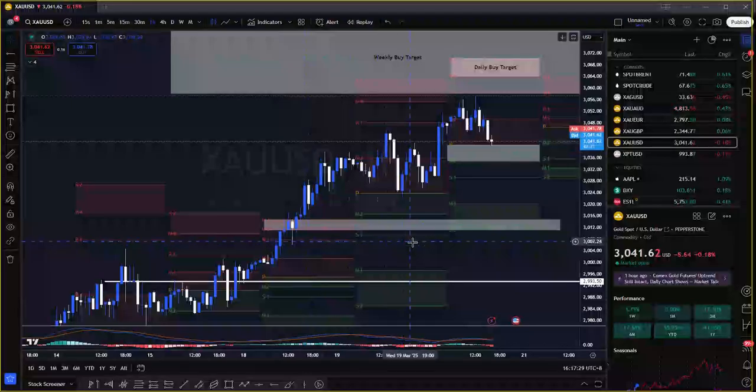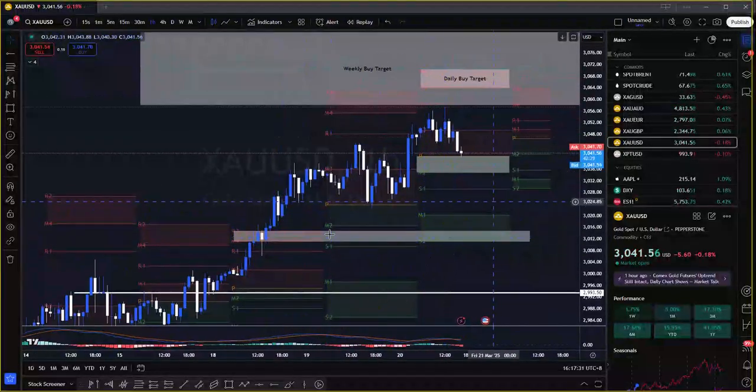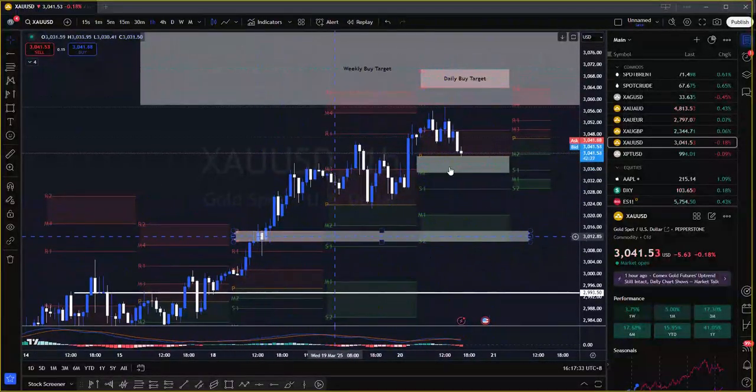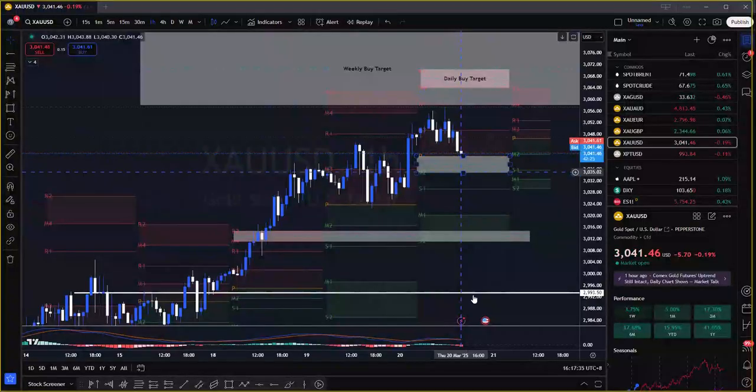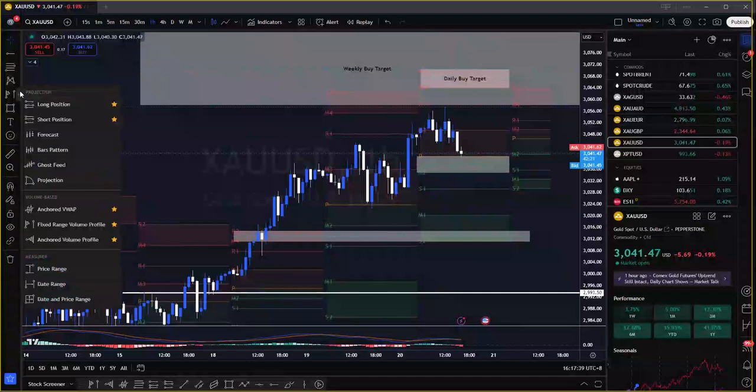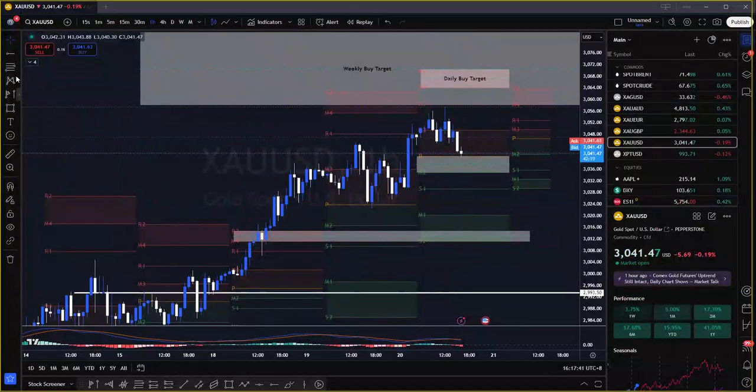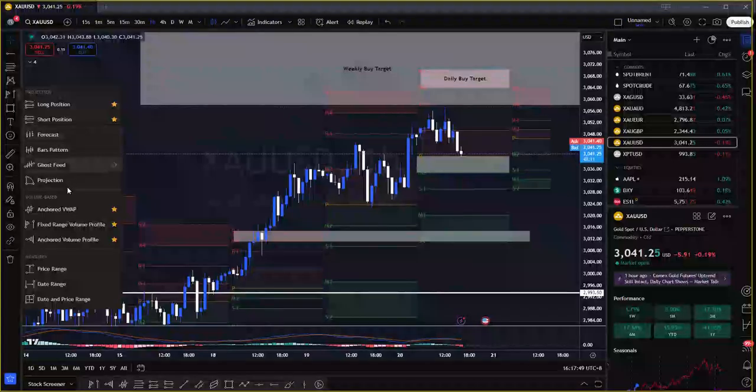Okay, so what you want to do is look at the volume from this area to this area. And the tool that we usually use is the volume profile. So if you go on to the left side navigation bar, you can see 1, 2, 3, 4, 5. What you want to see is the fixed range volume profile.